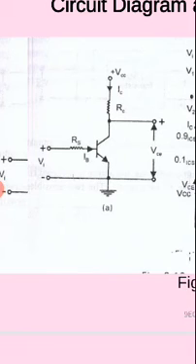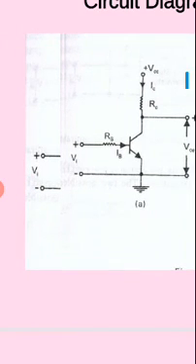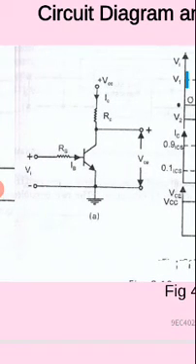For that transistor, there is a resistor RS at the base and a resistor RC at the collector. The input voltage, positive and negative, is applied, as represented in the figure. The battery biasing voltage plus VCC is given here. The output is called VCE.